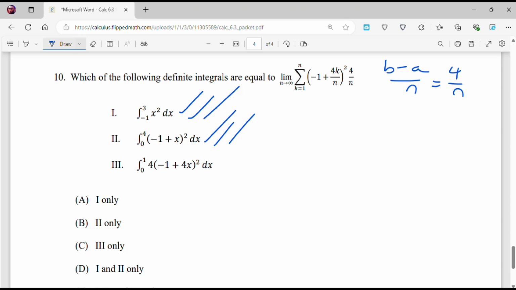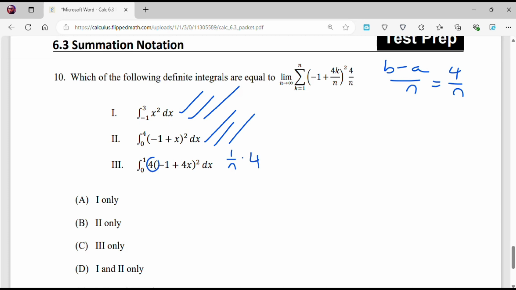So let's look at the last one, which is probably the most confusing one. So let's write the sum. So we have 1 and 0 as our limits. So b minus a is going to be 1 over n. So we have 1 over n. Then we have times 4, right? We had a 4 here.